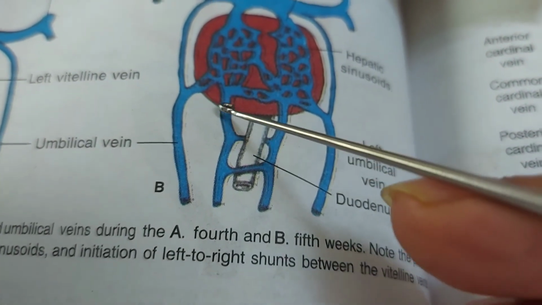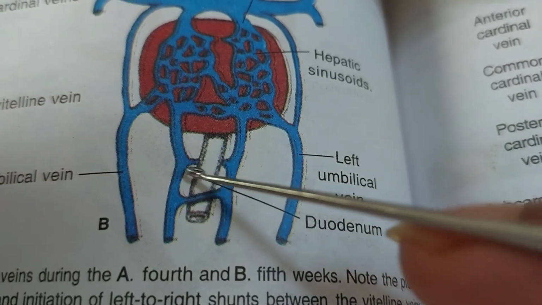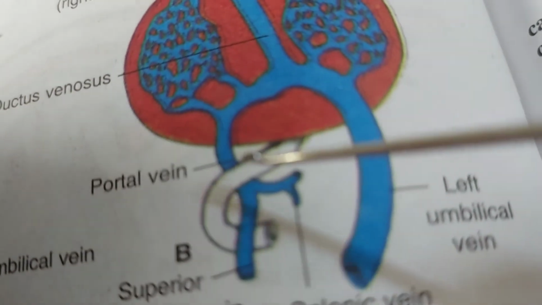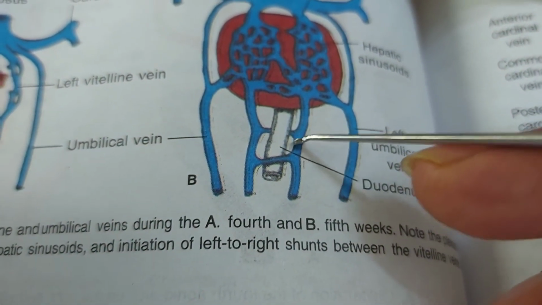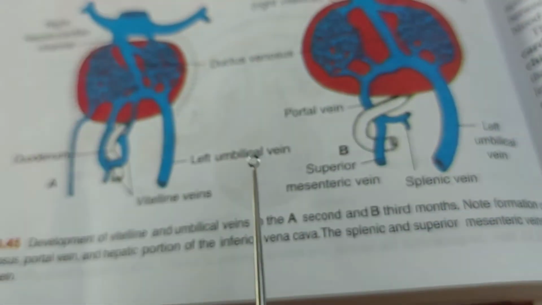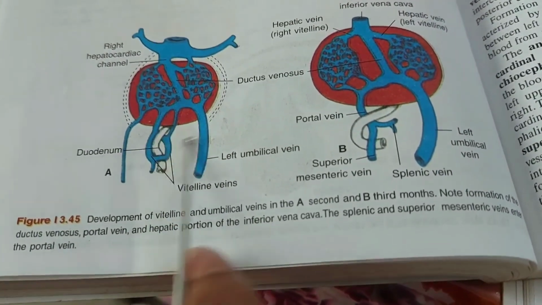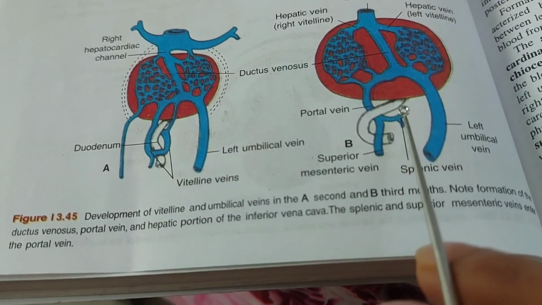The right forms the supraduodenal part, the anastomosis between the right and left forms the retroduodenal part, and the distal part of the left forms the infraduodenal part. Now I think it is clear for you how the portal vein and duodenum are related, and how all these structures developed embryologically.